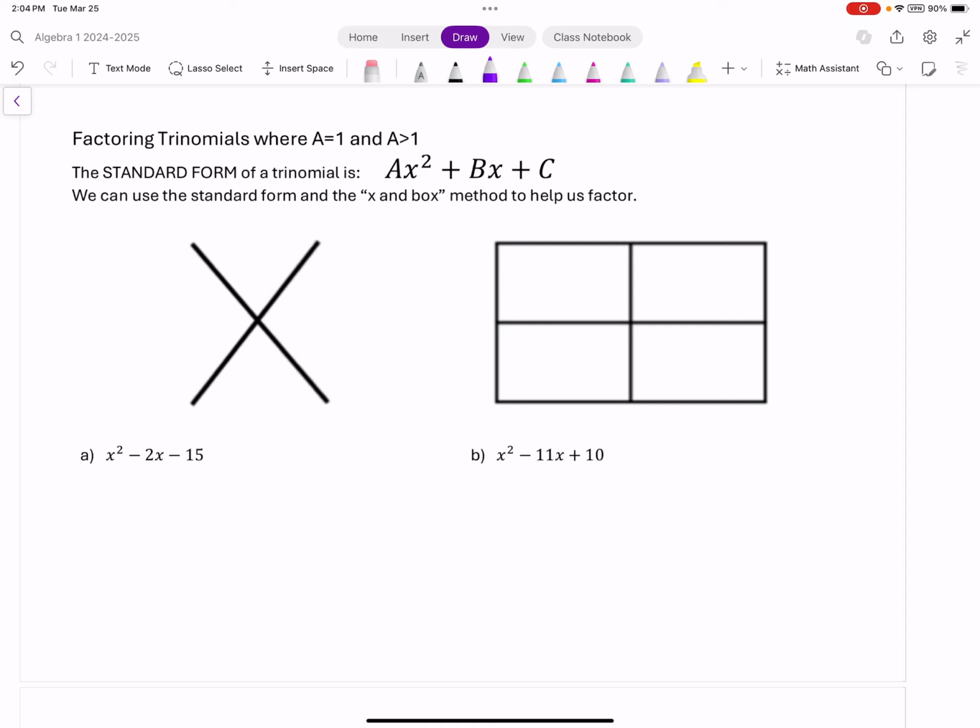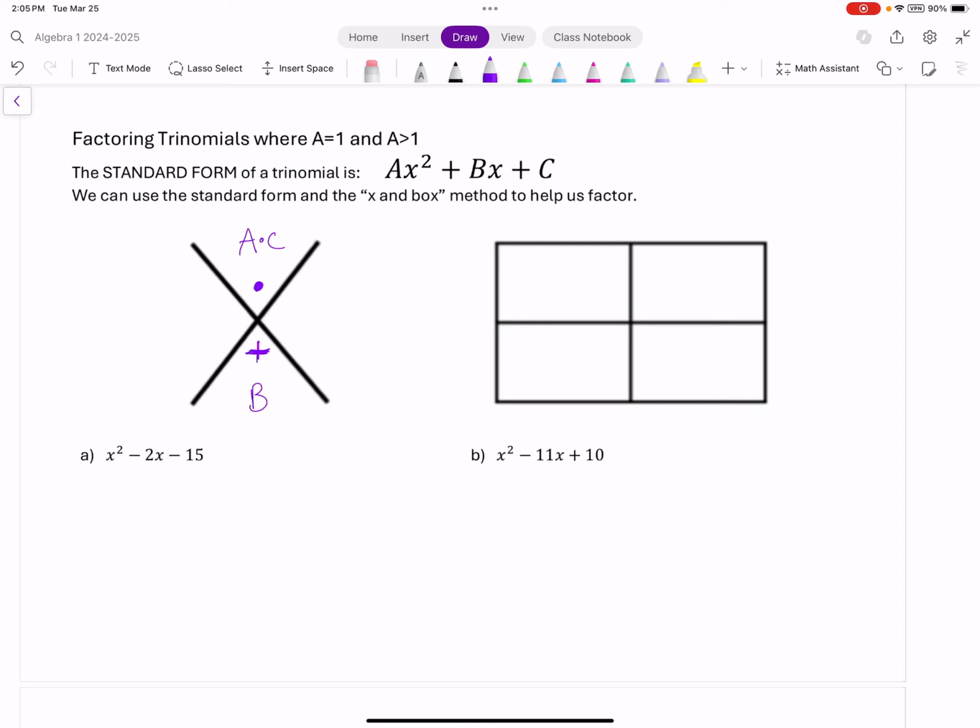So in the x, we're going to go ahead on top. We're going to try to find two numbers that multiply to our a times c number. And then on the bottom of our x, we want to add to our b number.